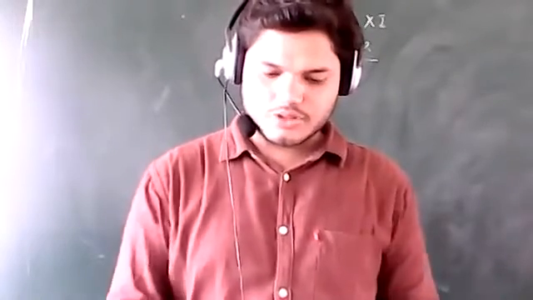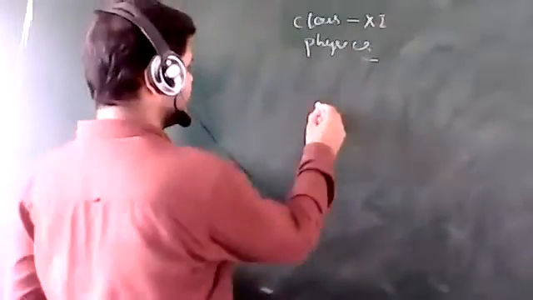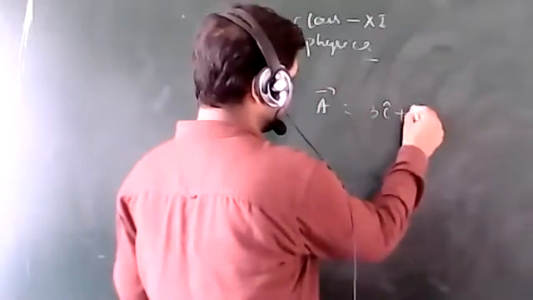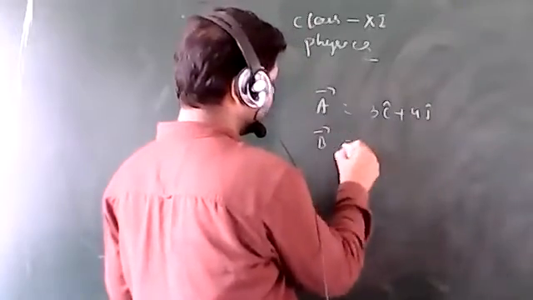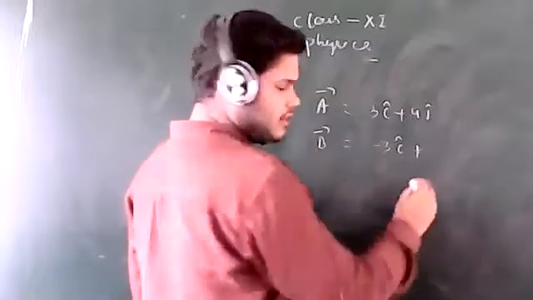So in motion in plane, one numerical I want to solve. First of all, the question asks: calculate the area of the parallelogram whose adjacent sides are formed by the vectors A and B. A vector is 3 I cap plus 4 J cap, and B vector is minus 3 I cap plus 7 J cap.